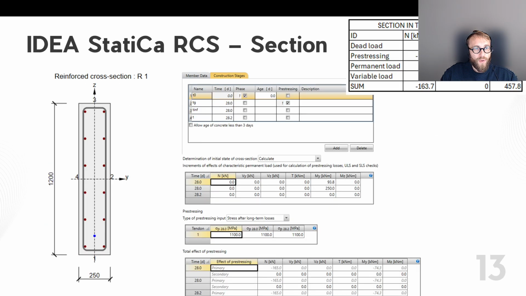Okay, so once we step into RCS, we need to select the stage section, where you need to set up the construction stages. As you can see, I just selected the construction stages at 28.01 and 28.2 days.